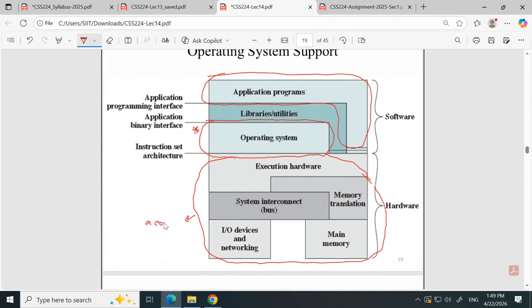Application programs like Microsoft Excel, games, web browser, whatever the user uses. So what the user sees would be this one, application software.